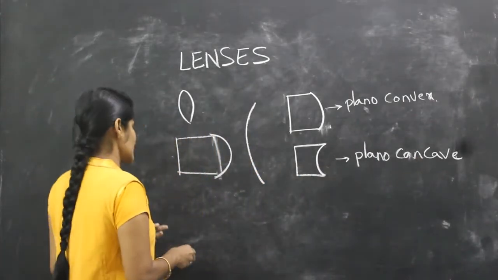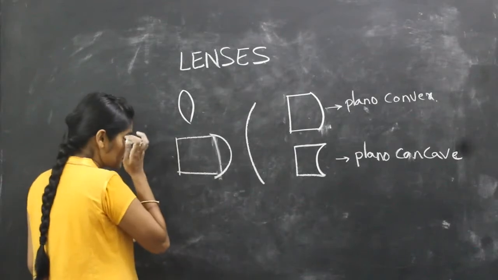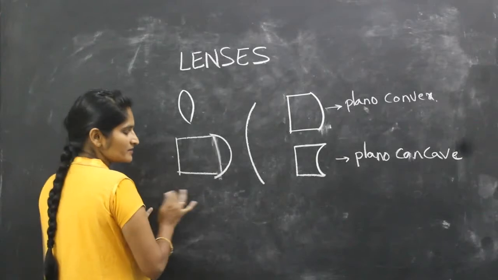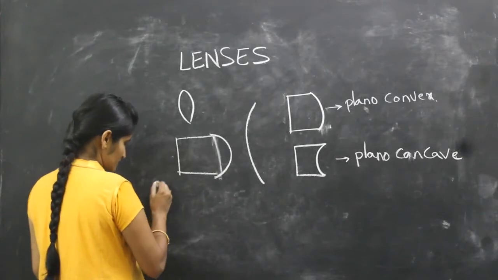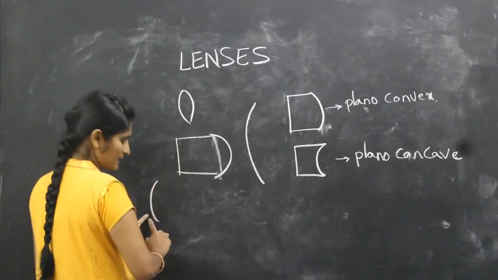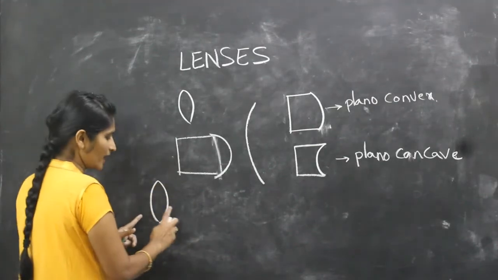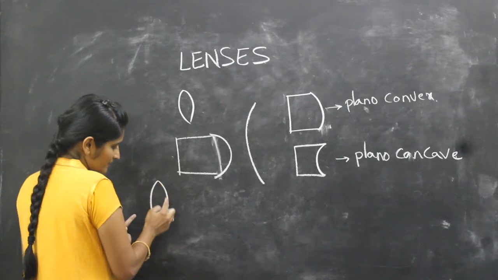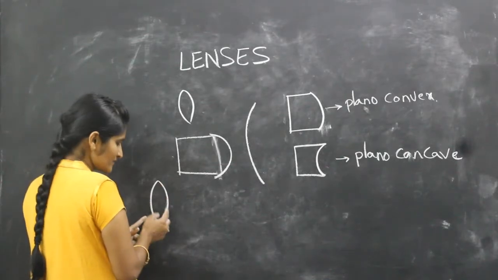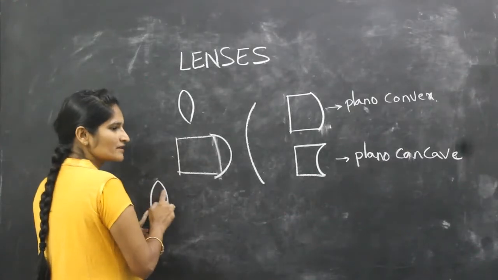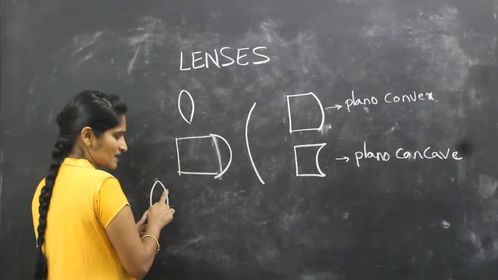Next we will see if both sides are curved surfaces. Now I am taking a convex and also a convex. Here one side is a convex curved shape and the other is also a curved shape, so both surfaces are curved structures.